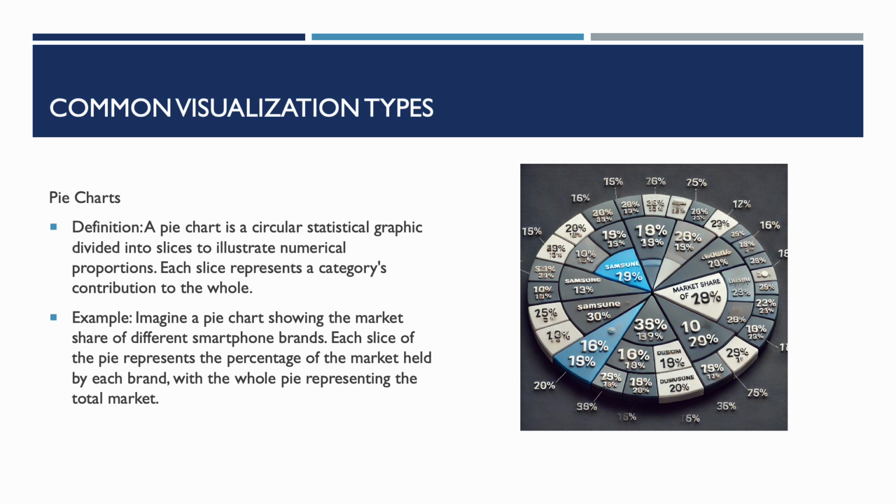If you see here, like 15%, 16%, 20%. So we have Samsung, then other brands and market share, all these as slices, and the whole pie is the total market.